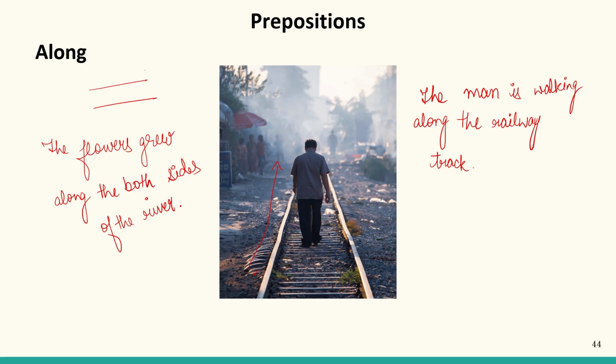Therefore, we have used the word along. So, along is a preposition which is used when something is going or when something is on the parallel side of something from one end to another.